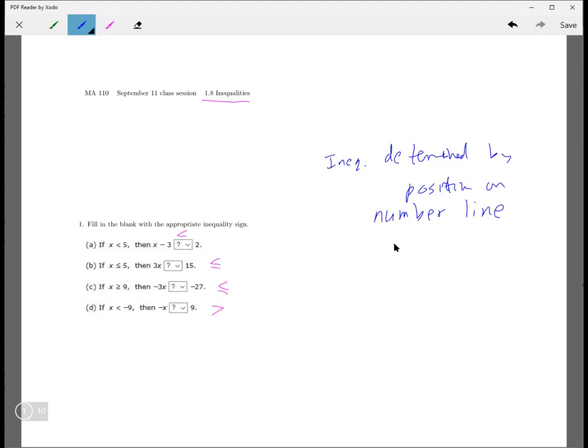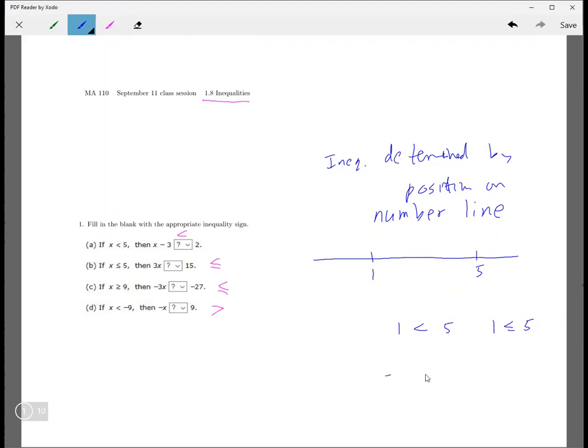So let's say you had 1 and 5. 1 is less than 5. Technically this is also true, although it's kind of confusing. Those are both true statements.